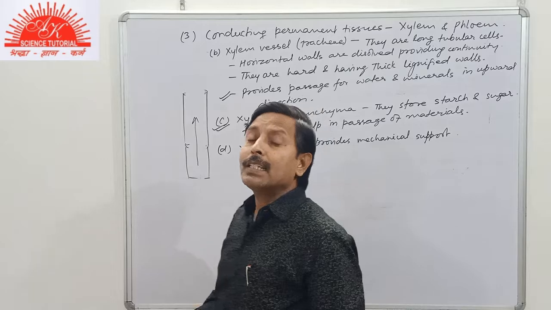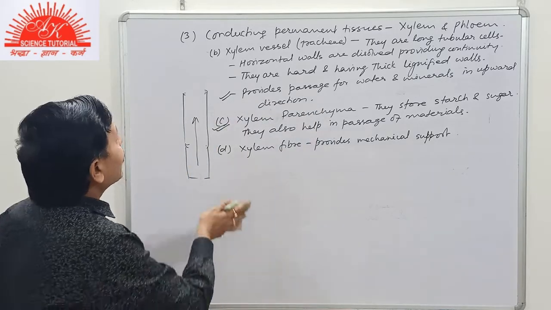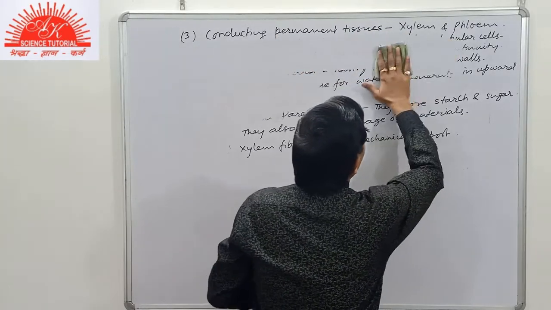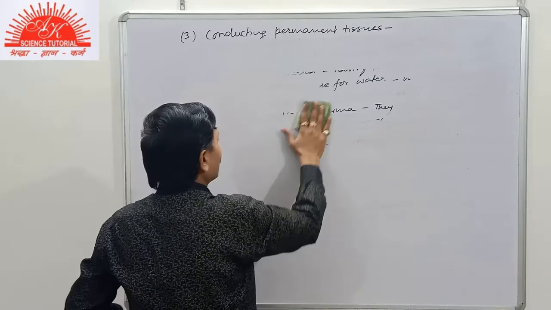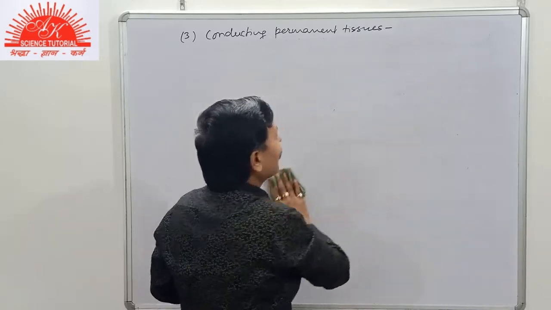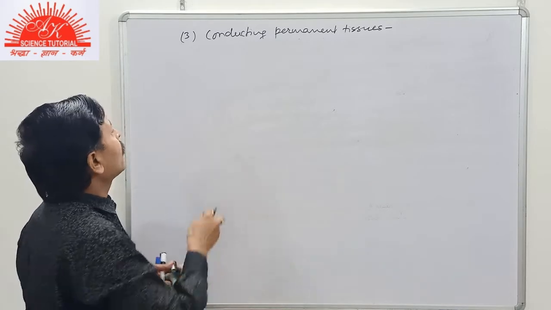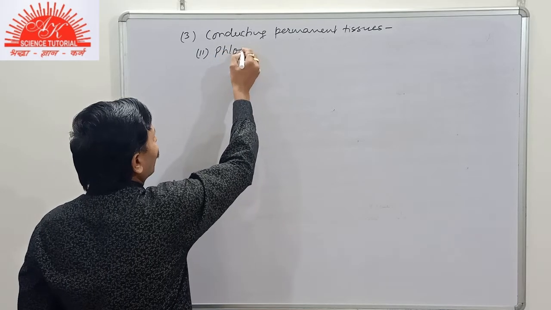Now, so these were the four types of components in xylem, which is mainly involved in the transport of water and minerals absorbed by the root from the soil. Now, the second component is the phloem.